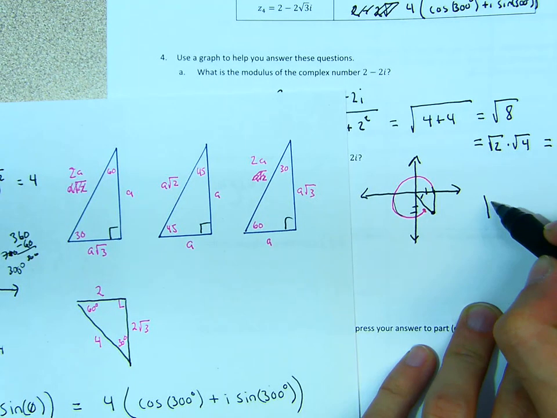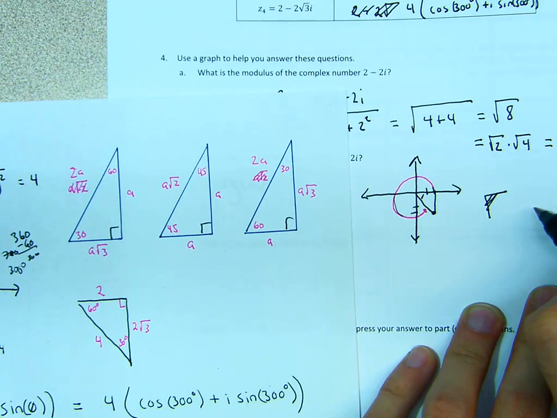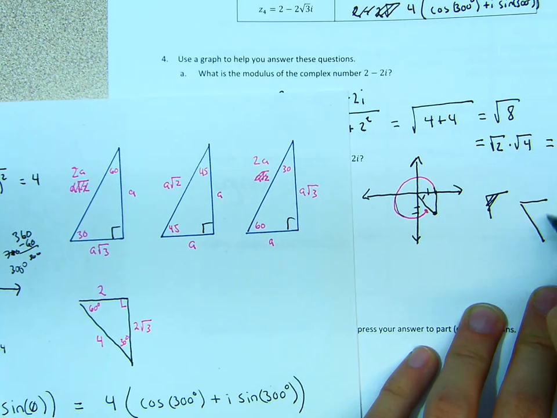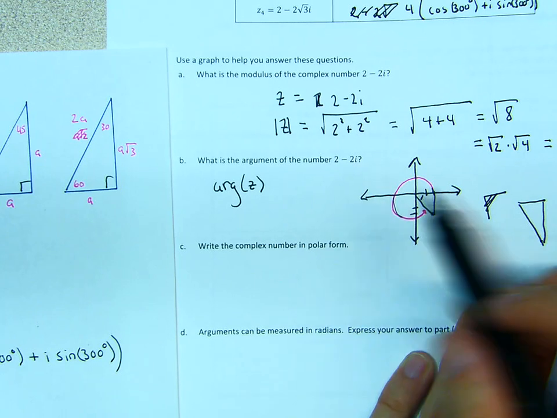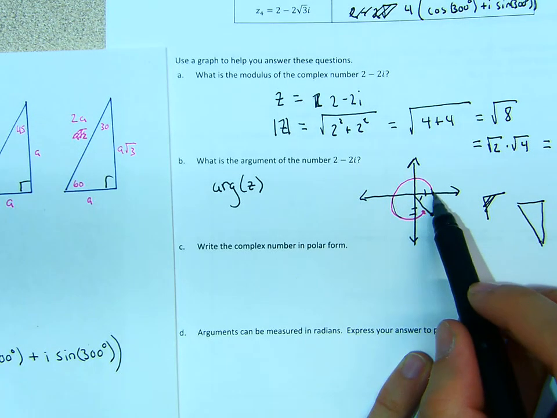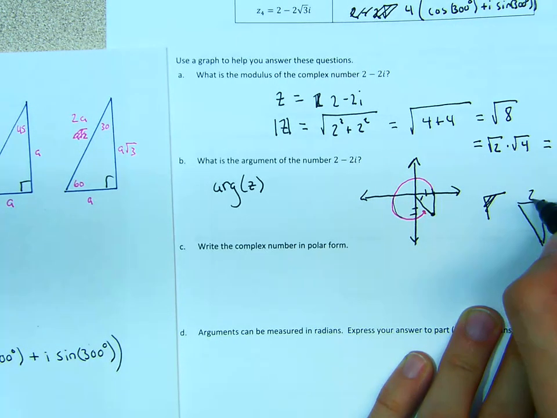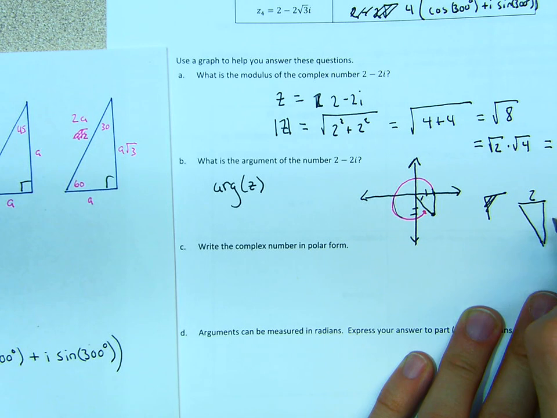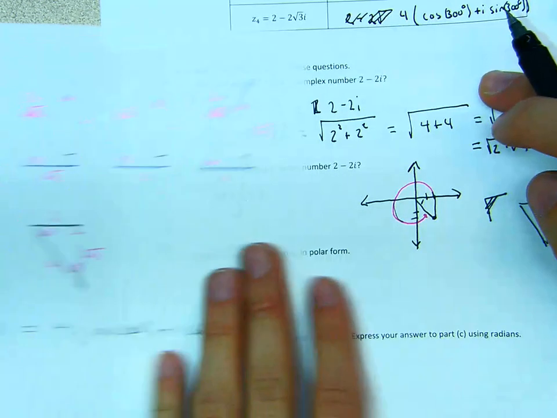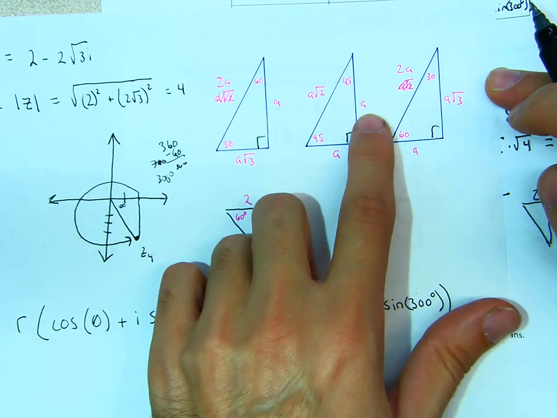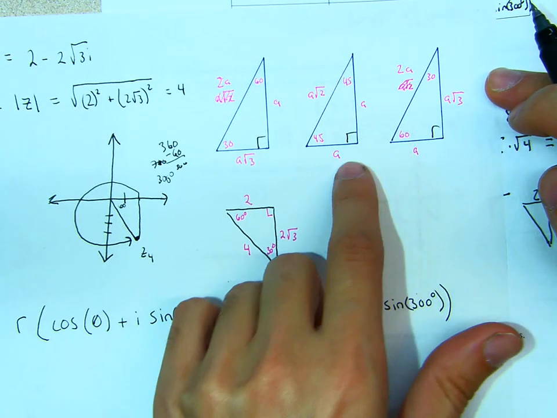So let's see, what kind of triangle was made? Okay, that was a bad triangle. So it's something like this, right? And if I know we have 2 minus 2i, I know the distance from here to here has to be 2, and the distance from here to here has to be 2. And notice that if I have the same legs of the triangle, then I know that I'm using this triangle, right? Because these two are the same values.